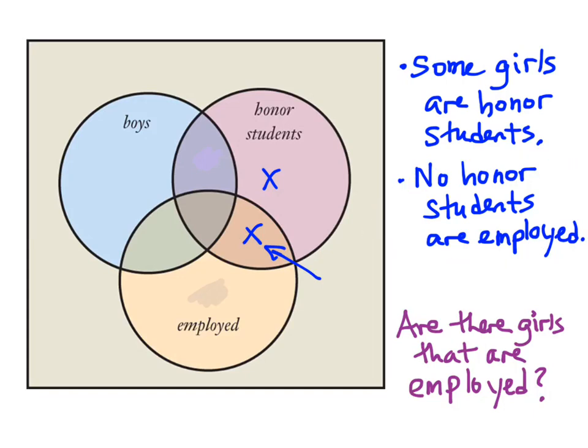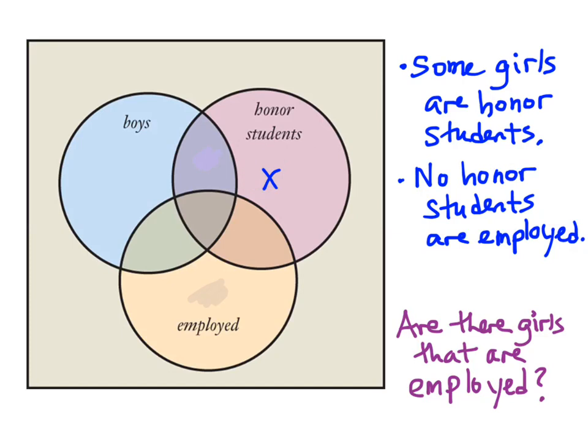We know that no honor students are employed. So there's actually no overlap between the honor student circle and the employed circle. So that means that there's no X here. And then if there are girls that are honor students, which is what the first statement is telling us, then they must be in this spot. They must be unemployed.